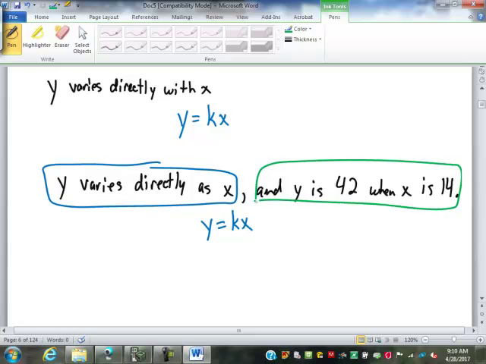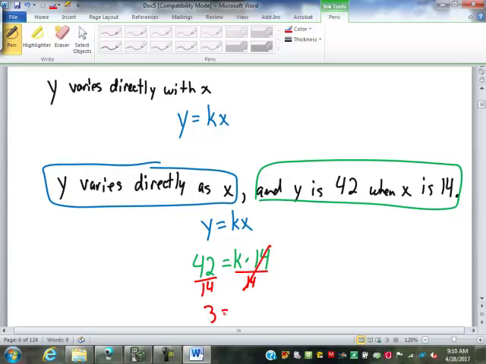Well, it's a piece of information about this relationship, but it also allows us to find pretty much the exact relationship. Let me show you what I mean. Y is 42, so I put 42 in for y. That's going to equal k times 14, when x is 14. So now I can solve that equation for k by dividing by the 14.